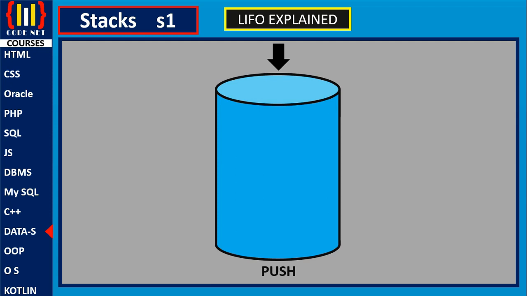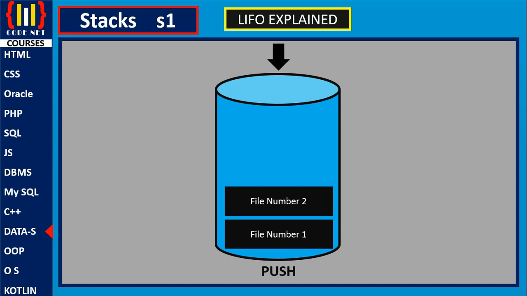This is how we can implement it. If we are inserting certain things inside this container, I'm sure you can see that we have a blue container. If we are inserting certain content, this is the first thing. File 1 is the very first file to be inserted into the container. What if we insert another file? Let's say file 2 is inserted into this container. Can we insert another file?